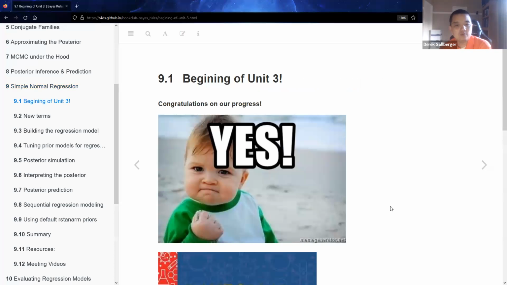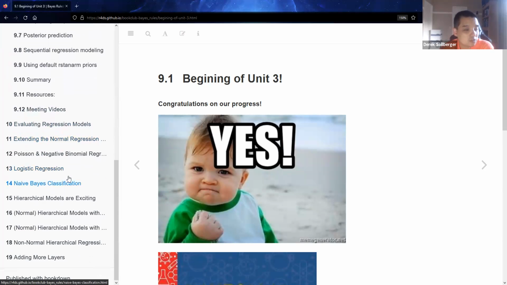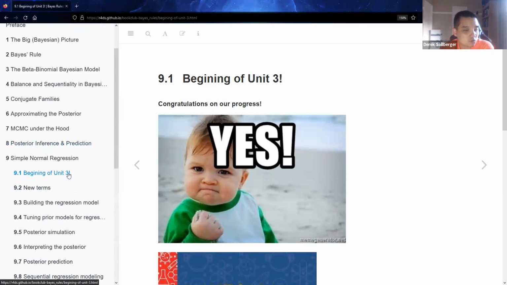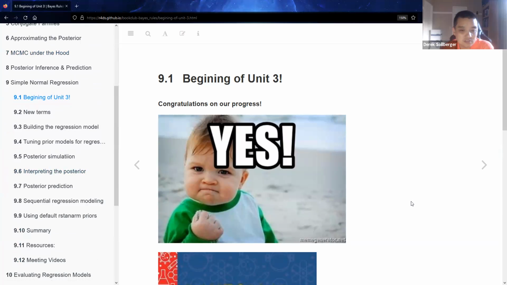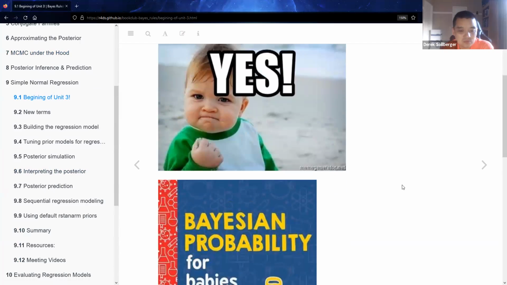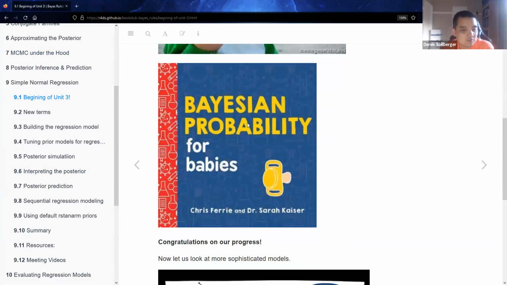In the textbook, we are beginning Unit 3, and the previous cohorts had some very positive messaging here. We have come pretty far. We're chapters-wise about halfway through the book. I myself have been buying up these quote-unquote for babies books. They're very good for getting started.